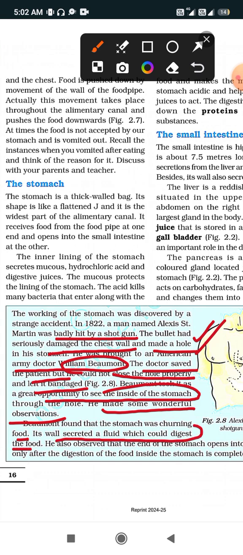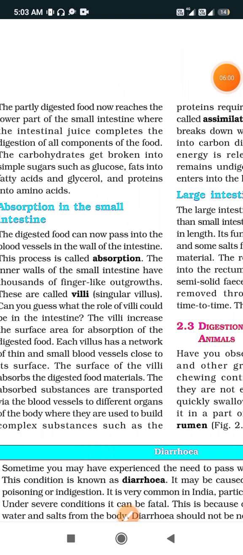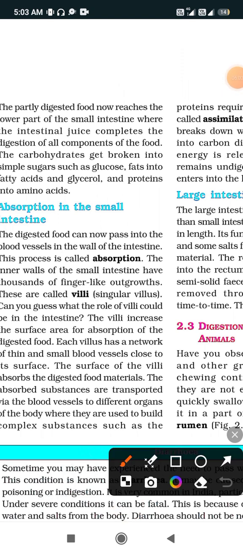He observed that the end of the stomach opens into the intestine, and after digestion of food inside the stomach is completed, clear? So the discovery of the stomach was done by Beaumont.